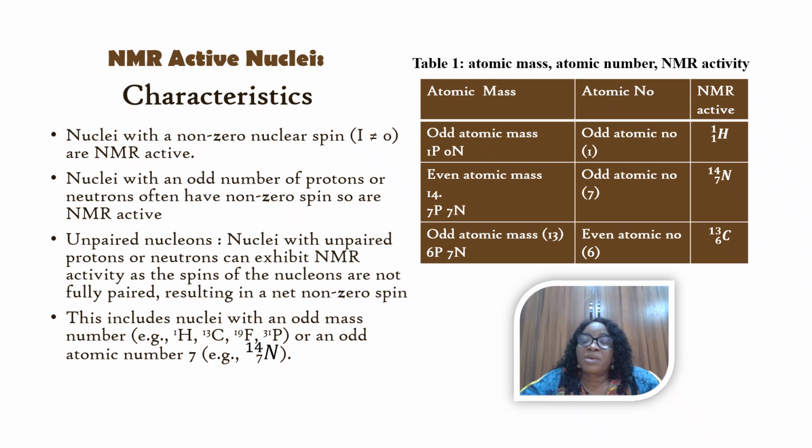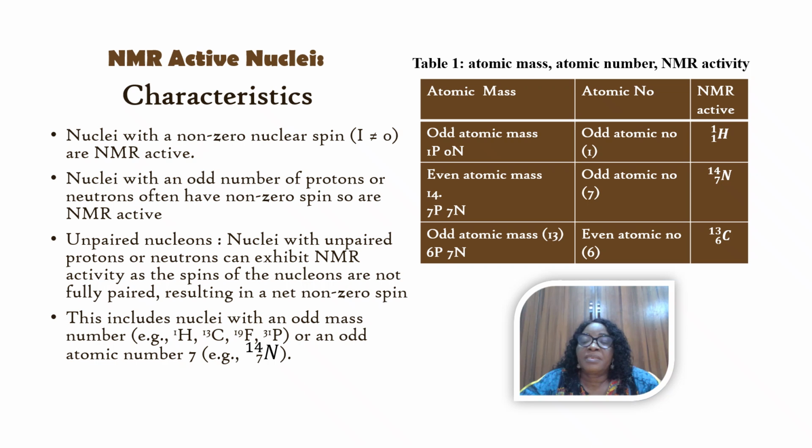We have another example, nitrogen 14, with an atomic mass of 14 and an atomic number of 7. It has an even atomic mass. It has 7 protons and 7 neutrons, and it has an odd atomic number, 7. The unpaired proton determines the spin.